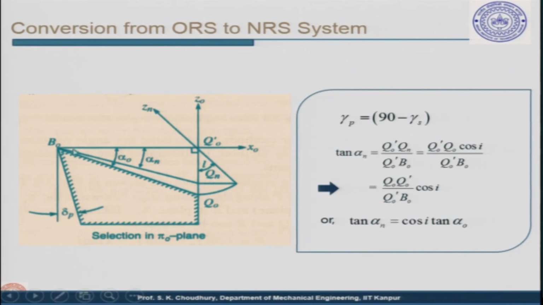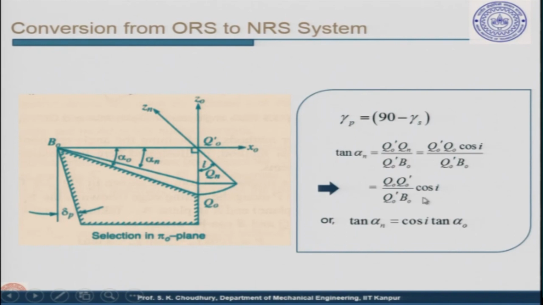If we can do that, you can find these relationships by simple geometry: gamma p, of course, I told you, is 90 minus the side cutting edge angle. Now, tan of this alpha n is equal to Q0 prime Qn divided by Q0 prime B0.